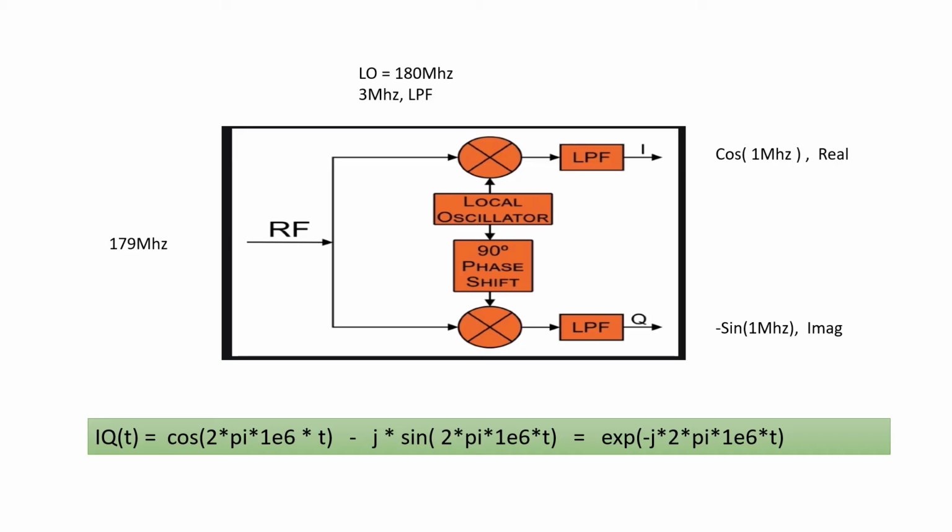For the 179 case, it's an e to the negative j 2 pi 1 megahertz times time to indicate that it's going to be a negative 1 megahertz frequency, in that it's 1 megahertz below the oscillator. Okay, that's what we mean by negative frequencies. It now lets us know it's 1 megahertz below the oscillator frequency. And we can do that because we have essentially an I and Q to compare it to.